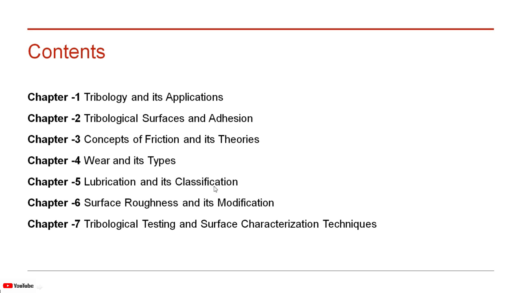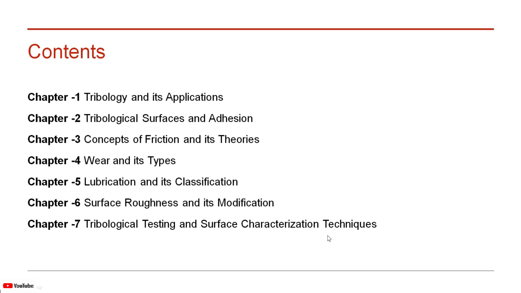Chapter 6 is about surface roughness and its modification. In this chapter, we mainly deal with understanding how surface roughness leads to various tribological properties and how to mitigate them, their role in influencing the tribological properties, and it also covers various methods of surface modification. And chapter 7 finally deals with the tribological testing setups and the surface characterization techniques.